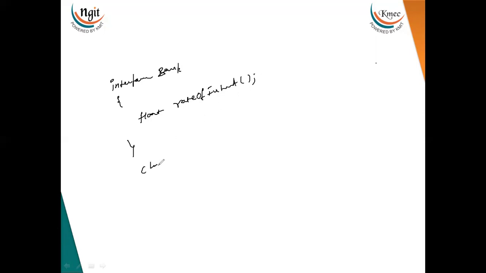Now I'm taking a class. SBI is implementing this rate of interest. So class SBI implements Bank, because Bank is the interface. It has a rateOfInterest abstract method. Now I want to implement it.